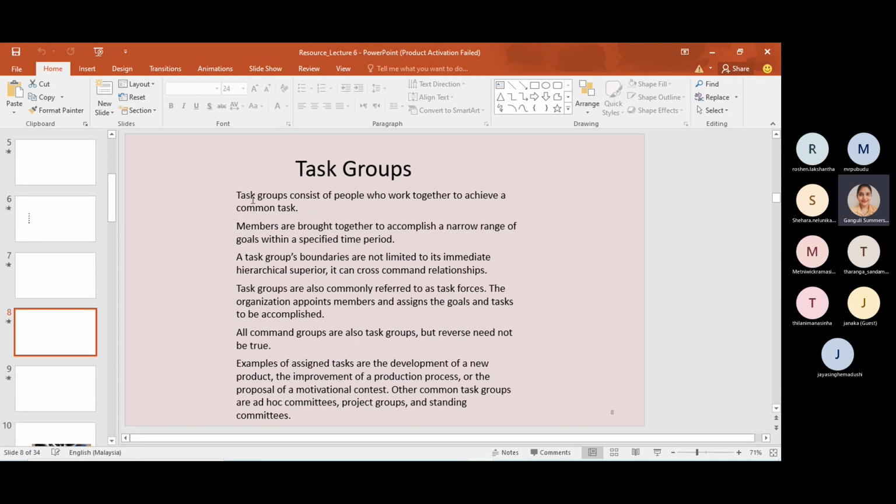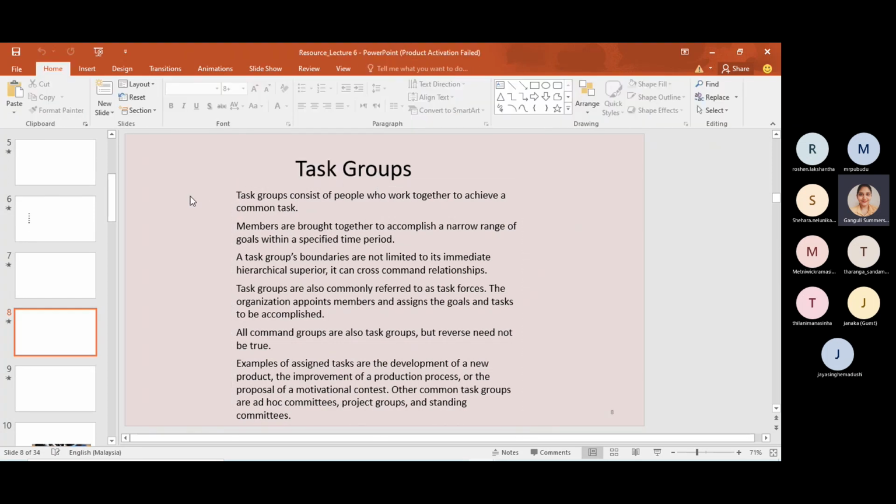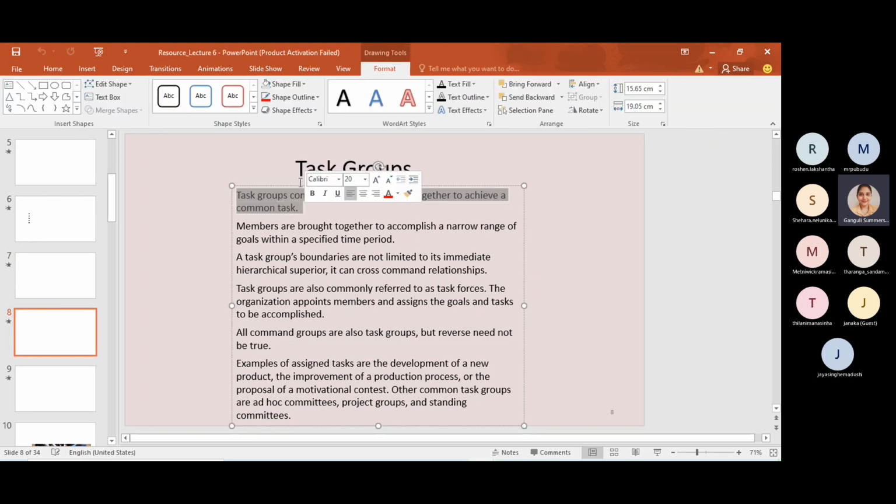Let's look at the first sentence mentioned over here. Task groups consist of people who work together to achieve common tasks. Even from the words, you can understand the meaning, right? Task groups are groups of people working together to achieve a certain task.